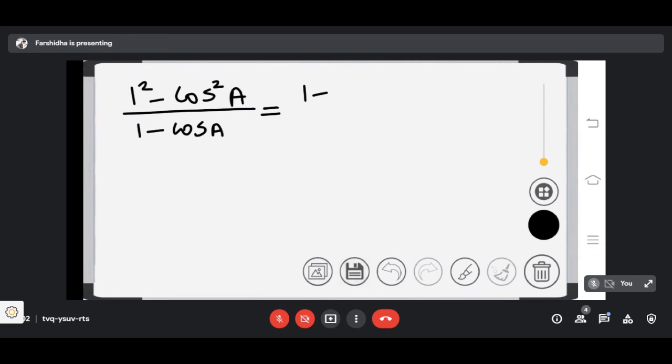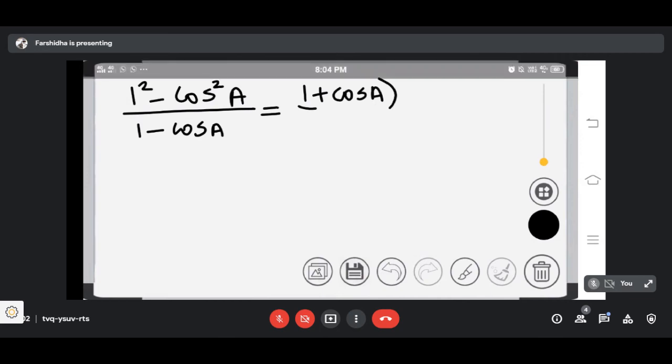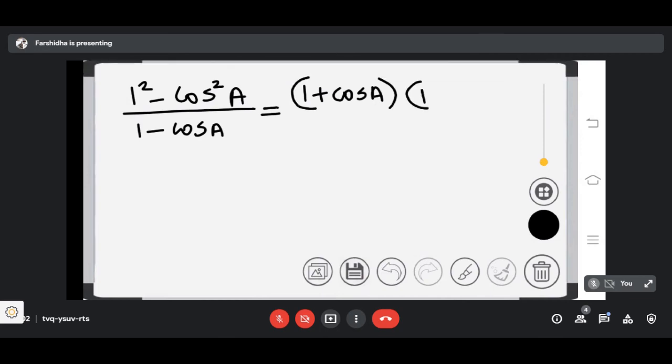So 1 square minus cos square A can be written as 1 plus cos A, that is A plus B, into A minus B. 1 minus cos A divided by the same thing, 1 minus cos A.